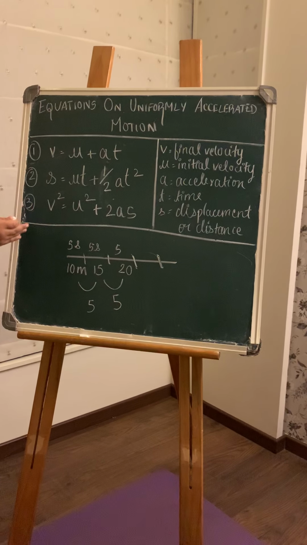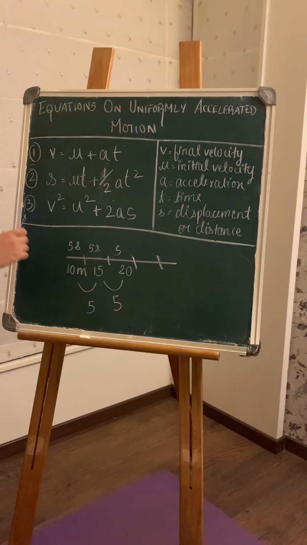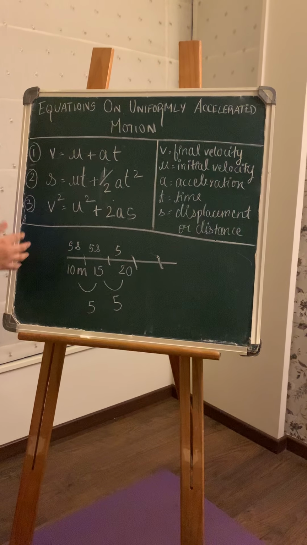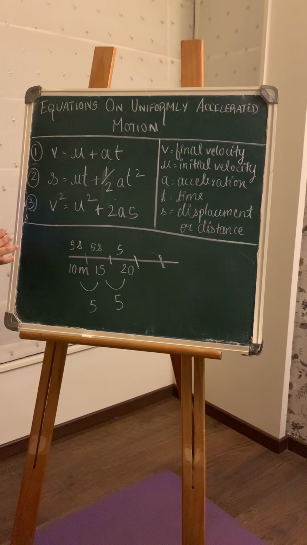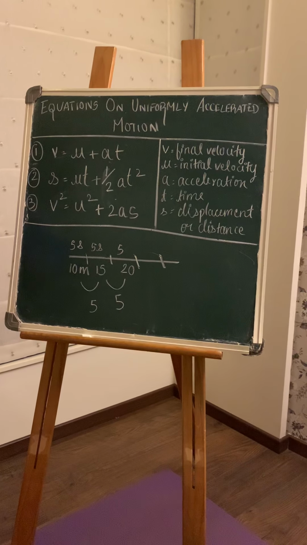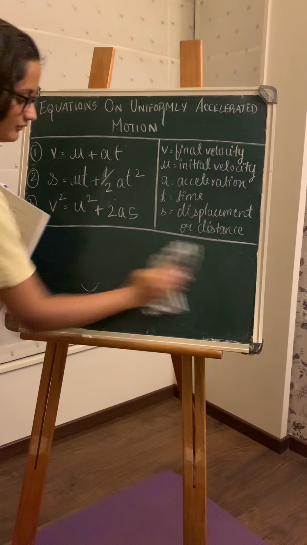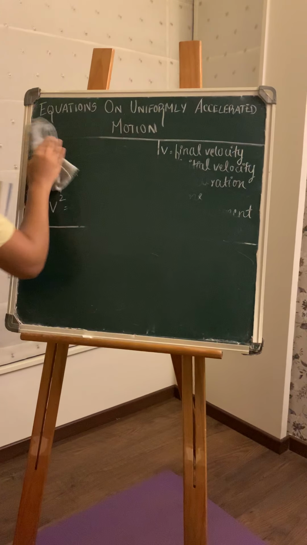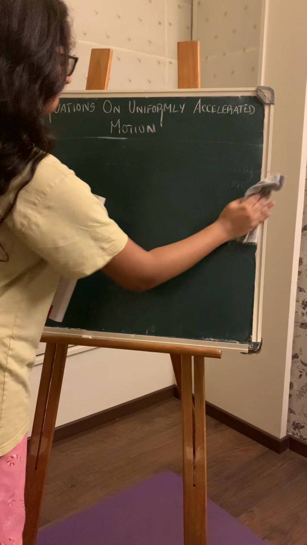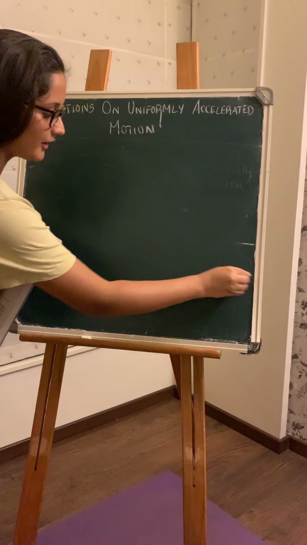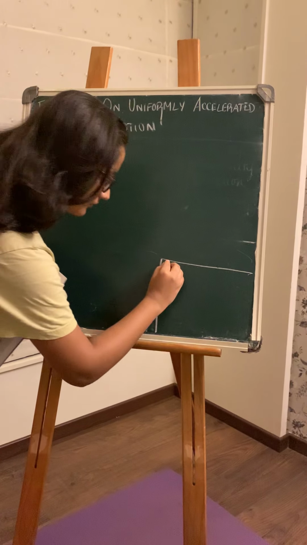Okay, so these are the three equations, and make sure you learn them really well and they're quite easy. And now I'm going to solve three problems on each one of these equations. Let me just write the equations down over here.